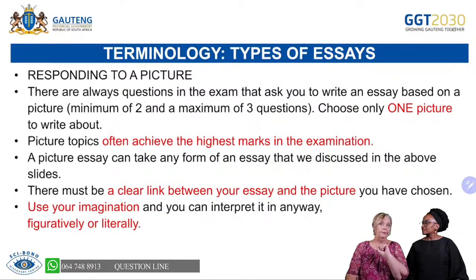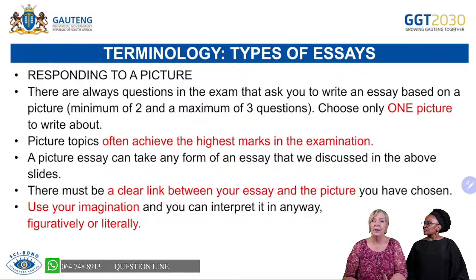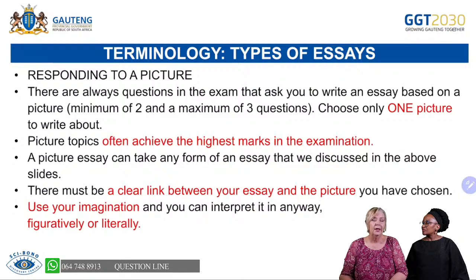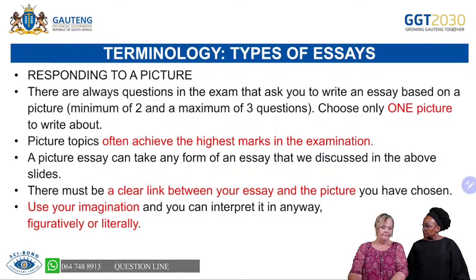But figuratively, it could also mean a storm in your life, an upsetting event, the death of someone close to you, or a move to another province or a different country. That could also cause a storm. Anything that becomes a change could create a storm. That is a figurative interpretation of that specific picture.